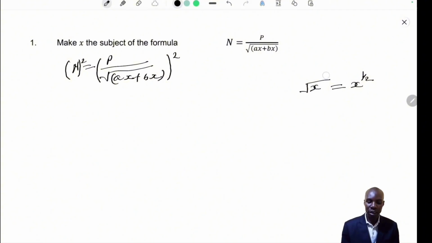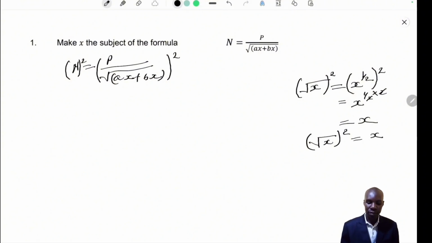If you square x to power a half, this will give me x to power a half times 2. So the 2 cancel out, and what I'll be left with is x alone. So if you square the square root of a number, you get that number.